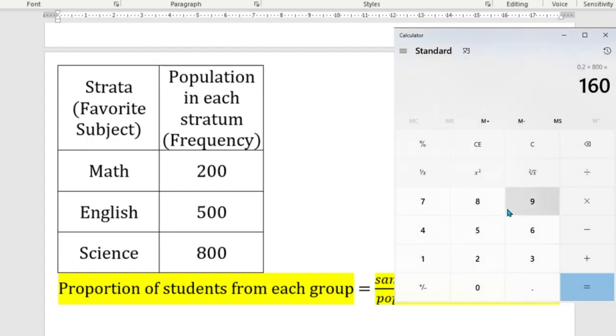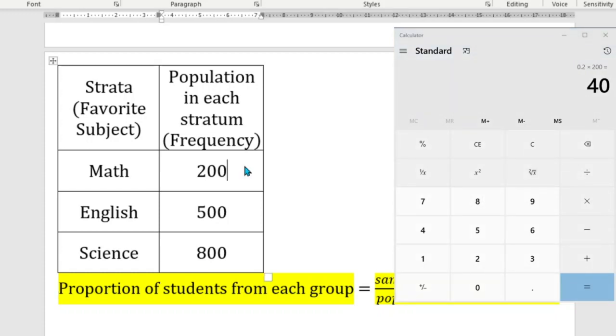Now, we have the sample size again, 300, divided by the population, which is 1,500, and the quotient is 0.2. We multiply that quotient by the population in each stratum. In the first case, we have 200, and 0.2 times 200 is 40.